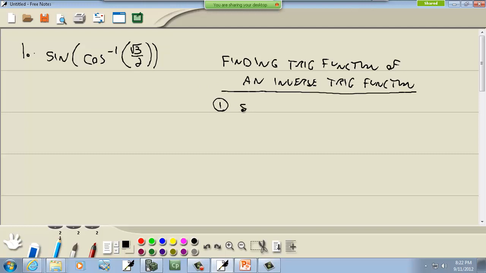Well, step 1. Set the inner inverse equal to p. So we'll set p is equal to the inverse cosine of square root of 3 over 2.